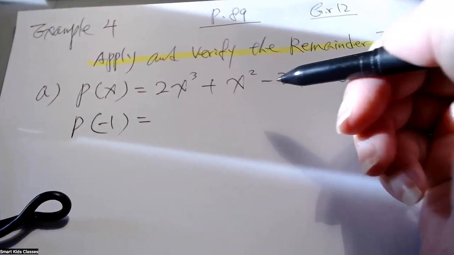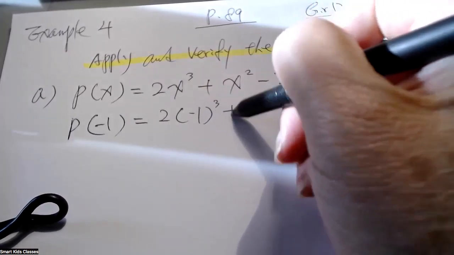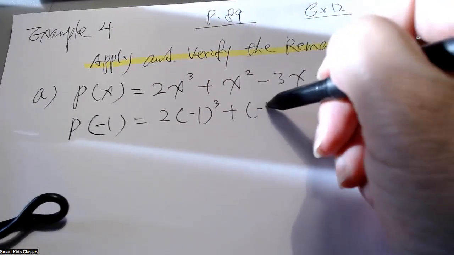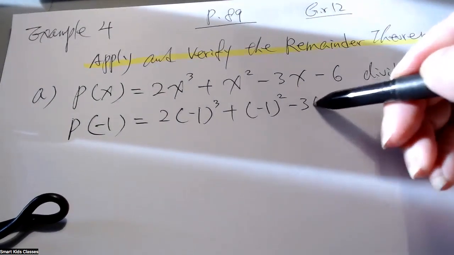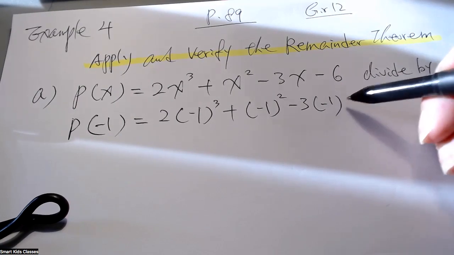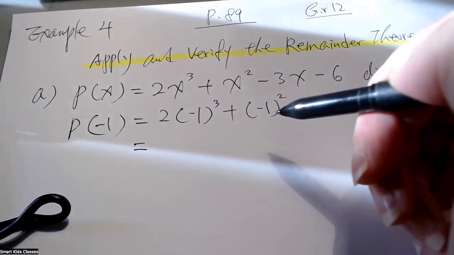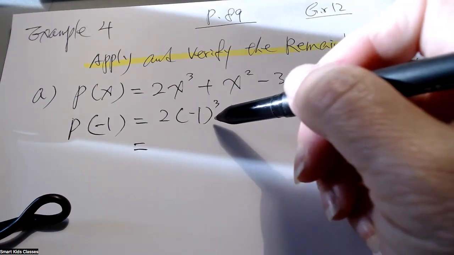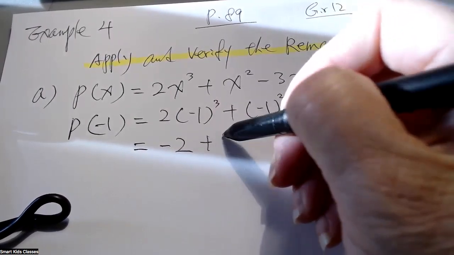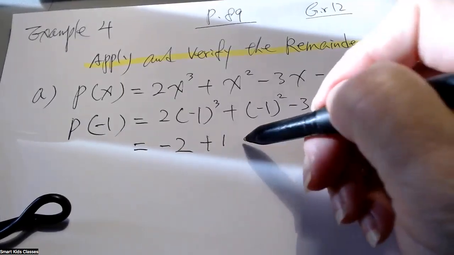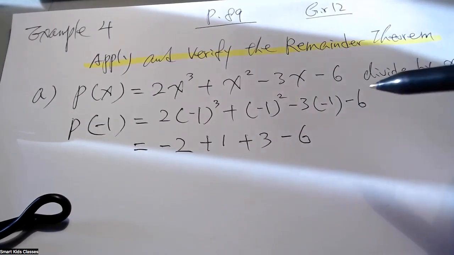So we're going to get negative 1 exponent 3, plus negative 1 exponent 2, minus 3 times negative 1, and minus 6. So you're going to get the answer. It's going to be negative 1 here, plus 1, plus 3, and minus 6.